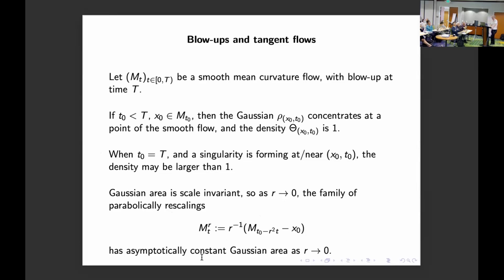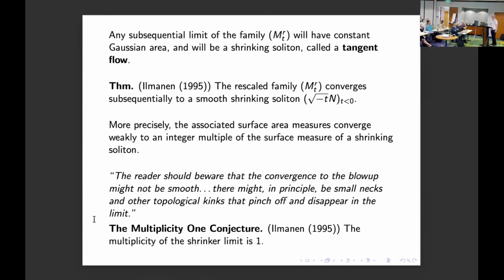So these have asymptotically constant Gaussian area as r goes to 0. In particular, any subsequential limit of this family will have constant Gaussian area. So by Huisken's result, that will be a shrinking soliton, and such a thing is called a tangent flow of this mean curvature flow.